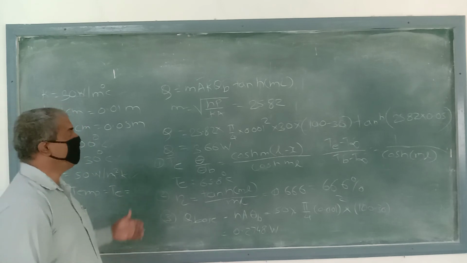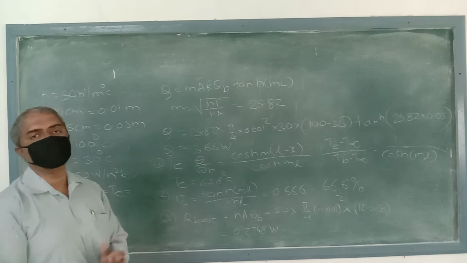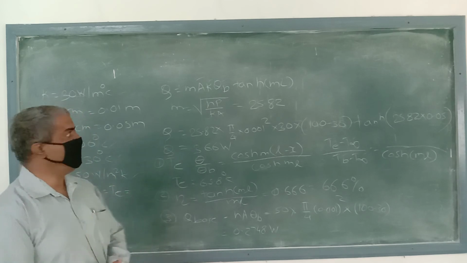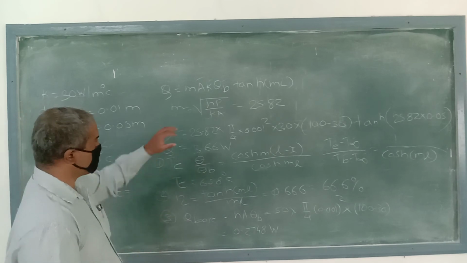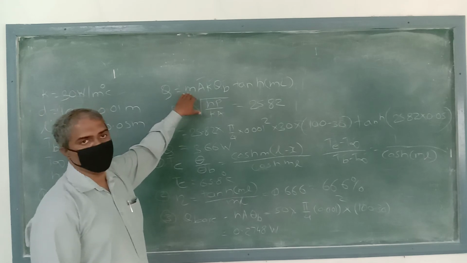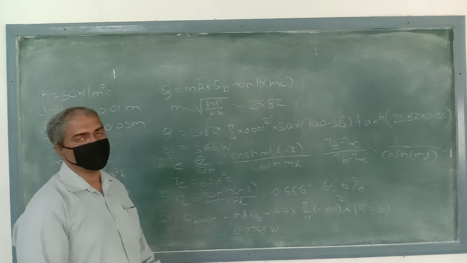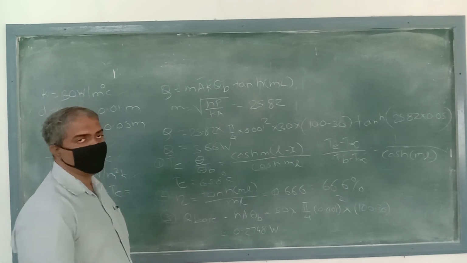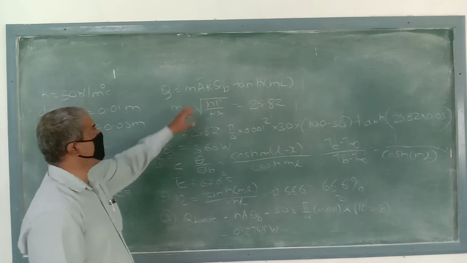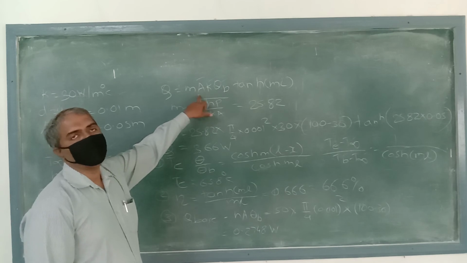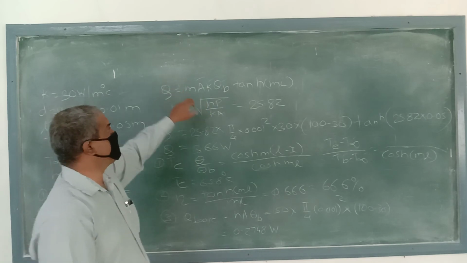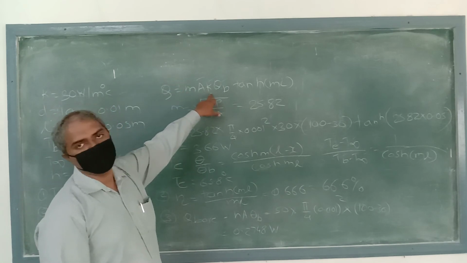First of all, we have to calculate how much heat is transferred from the fin. For that, we can calculate Q = m A K theta b tan hyperbolic of ml. In this formula, area we can calculate as pi by 4 d square. K value they have mentioned.